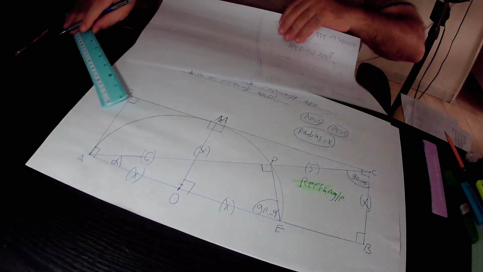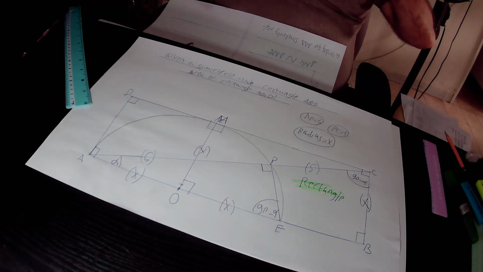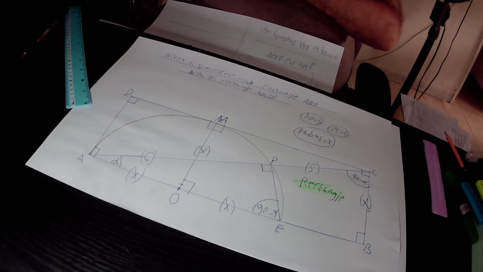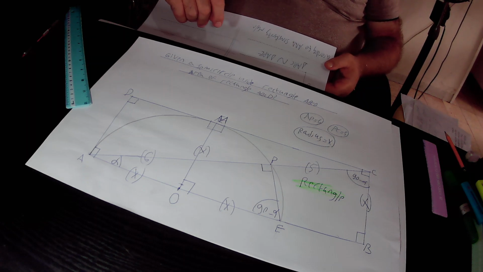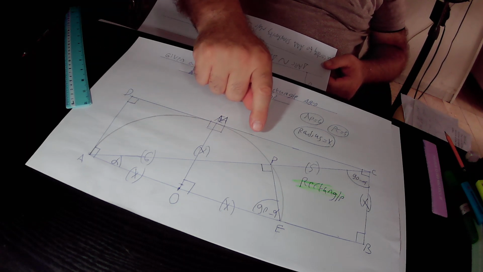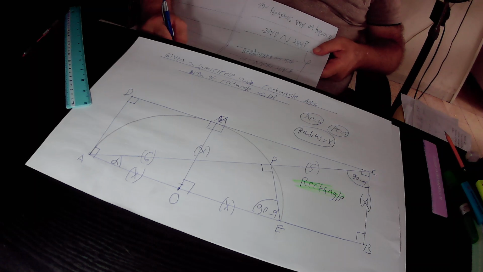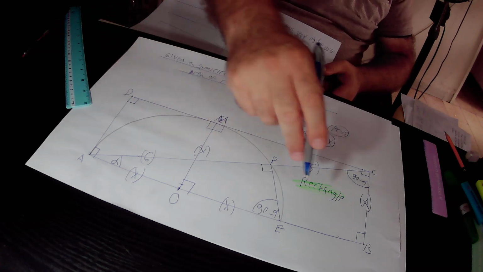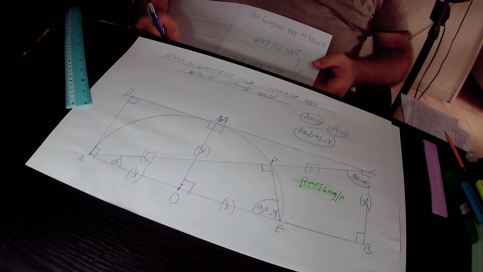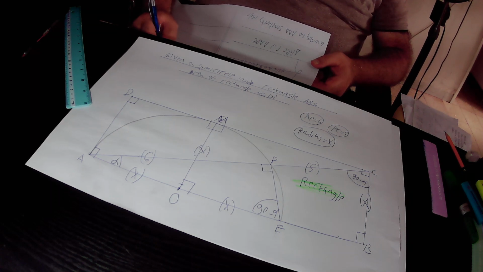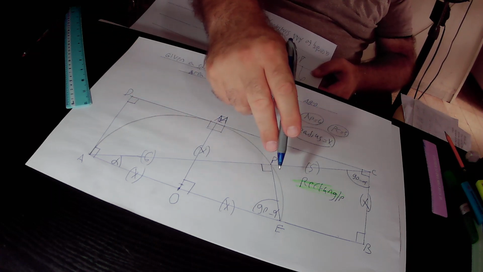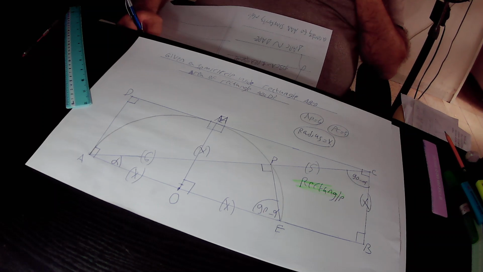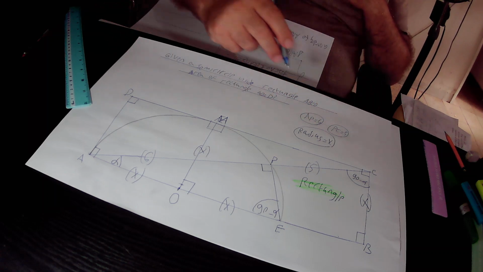And from the fact that those two right triangles are similar to each other, we will derive that the following relationship exists between their sides. We'll derive that side AP of triangle APE over side AB of triangle ABC is equal to side AE of triangle APE over side AC of triangle ABC.